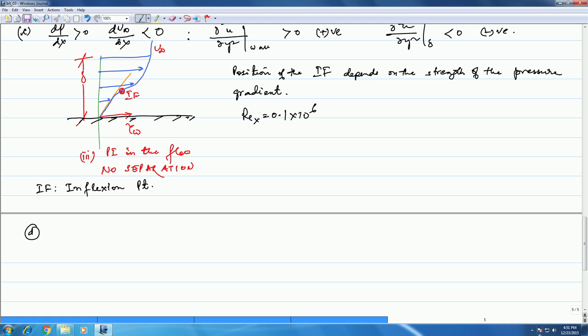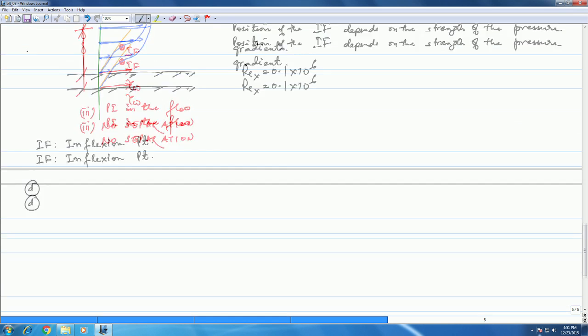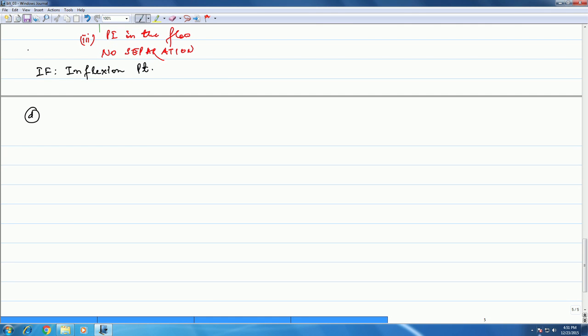Something that you see around 0.1 million or so is close to transitioning to turbulence. So at a moderate gradient, nothing complicated, a critical condition is met.